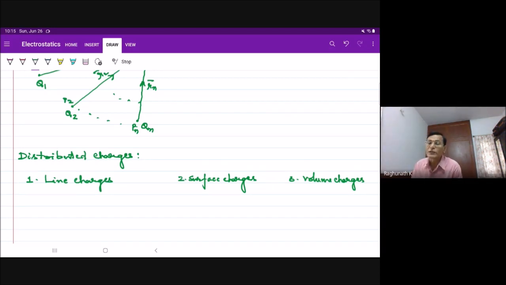Any surface charge consists of infinitely many, infinitesimally small, tiny differential surface charges, and volume charges consist of similar differential volume charges. When you say the charge is distributed on a line, surface or volume, the distribution may be uniform or not uniform. General distribution is non-uniform.